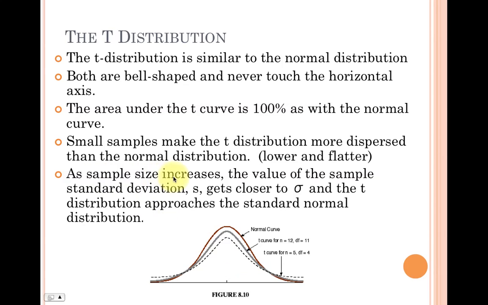So when sample size is small, the t-curve is flat and kind of squatty. And as the sample size increases, the t-curve gets taller, and eventually as the sample size gets big, the t-curve basically approaches exactly what the normal curve looks like.